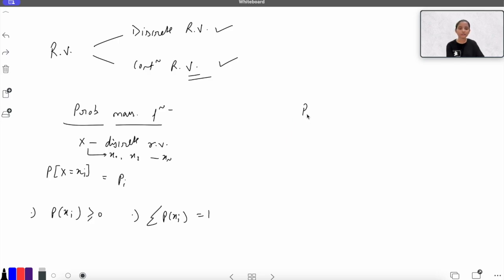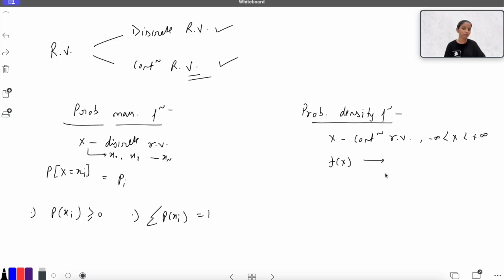Similarly, in the continuous cases, we find the probability density function. Okay, when your x is a continuous random variable. In this case, we say that my function f of x gives the probability of a random variable x when it is lying under a certain range. Okay, so here, for the continuous case, we say that x is lying from minus infinity to infinity.